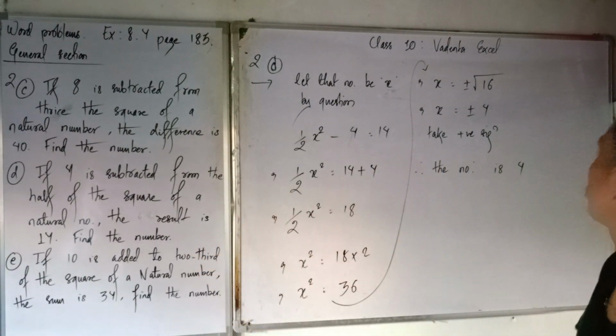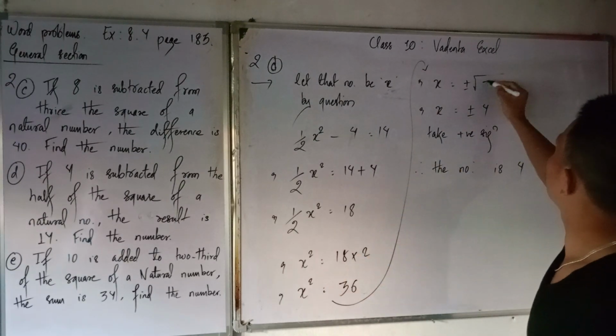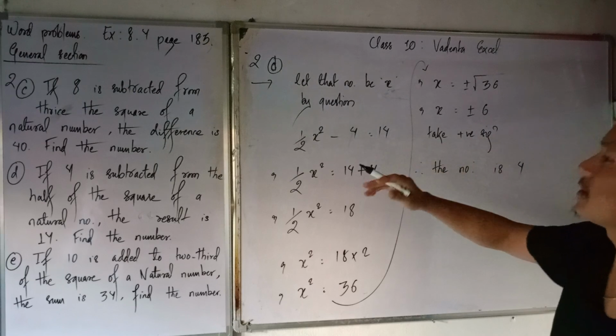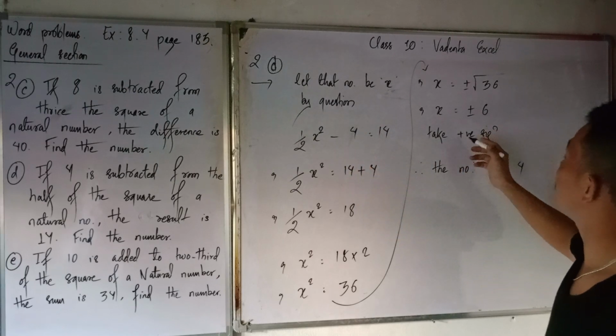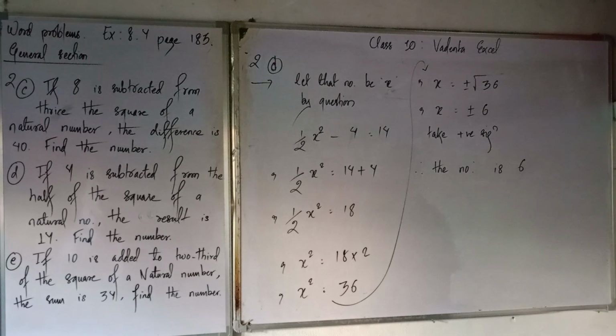Taking the root, this becomes 6. Since it is a natural number, we only take the positive side, therefore the number is 6.